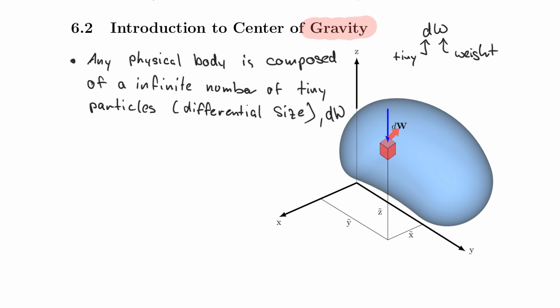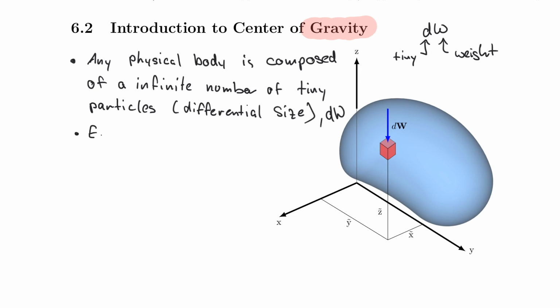So the dW has a specific distance, which is x tilde, y tilde, and z tilde. While this coordinate origin is randomly chosen and the potato is randomly in space here, we can say that any random particle has these three distances. So each particle has a distance to the origin is my next observation.